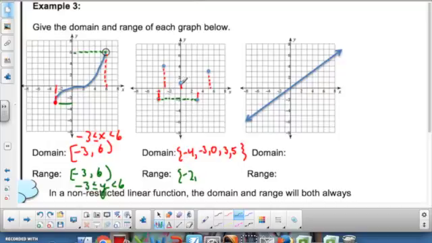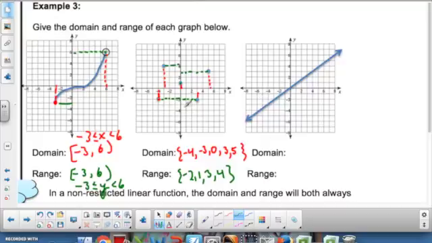And then my next point is here at 1. Remember, you're looking in terms of the y-axis now, so that is at the point y is 1. I've got y is 3, and y is 4. So in this case, my domain is larger than my range, and that's okay.